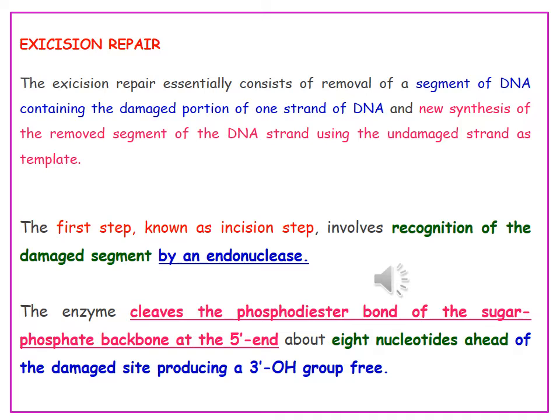The first step is known as the incision step. It involves recognition of the damaged segment by an endonuclease. The enzyme cleaves the phosphodiester bond of the sugar phosphate backbone at the 5' end, about 8 nucleotides ahead of the damaged site, producing a free 3' hydroxyl group.